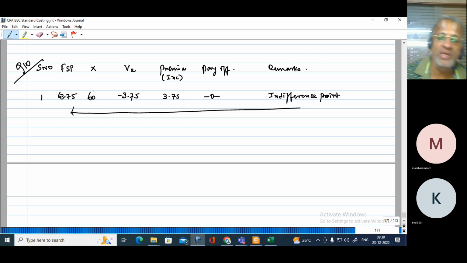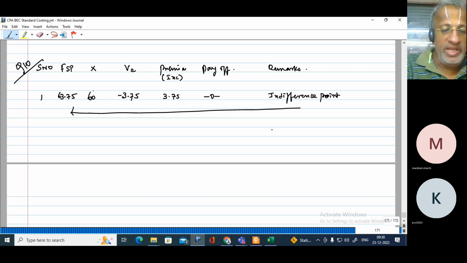With the payoff being 0 and premium being 3.75, naturally, premium being an income, if I have to lose that income, my value of the call is expected to be negative. Then the holder would exercise when FSP is greater than the exercise price by 3.75. Therefore, it is 63.75. Am I right? Yes, sir.